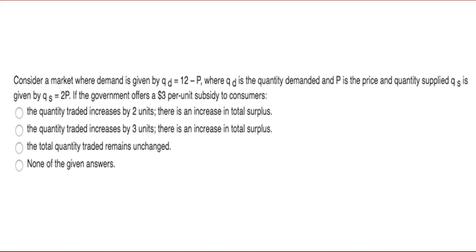So it's not the first option. The second option, the quantity traded increases by 3 units. No, so we don't need to read the rest. The total quantity traded remains unchanged. No, it increases. The last option is none of the given answers. Well, none of the answers given above this one. That is the correct answer.